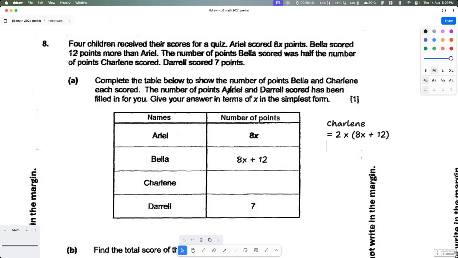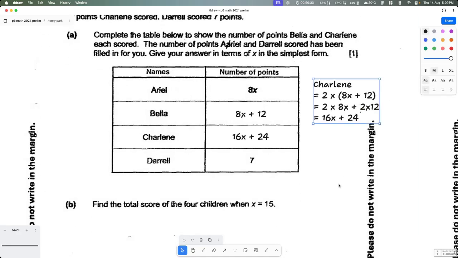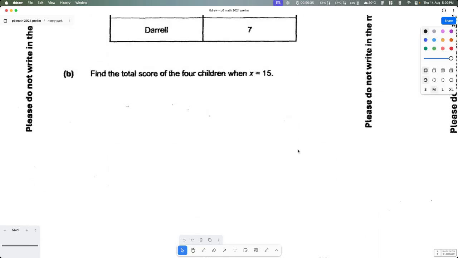In this case, it will be 16x plus 24. Okay, there you go. So that's the answer to this question, 16x plus 24. Essentially, this is 2 times 8x plus 2 times 12. That's why you get Charlene like this. Okay, let's move on to part B.